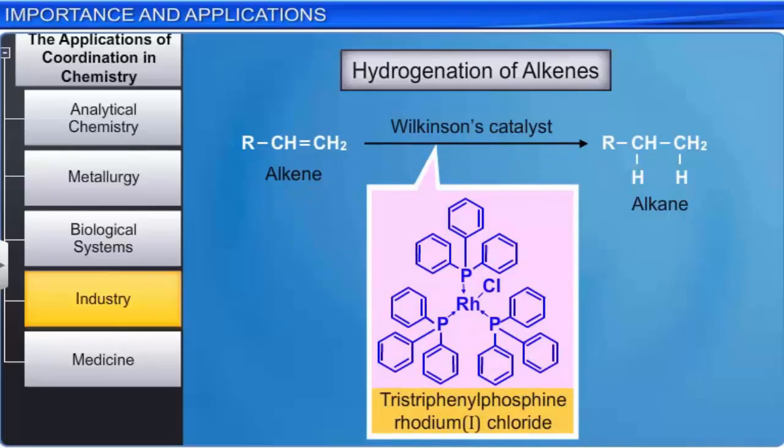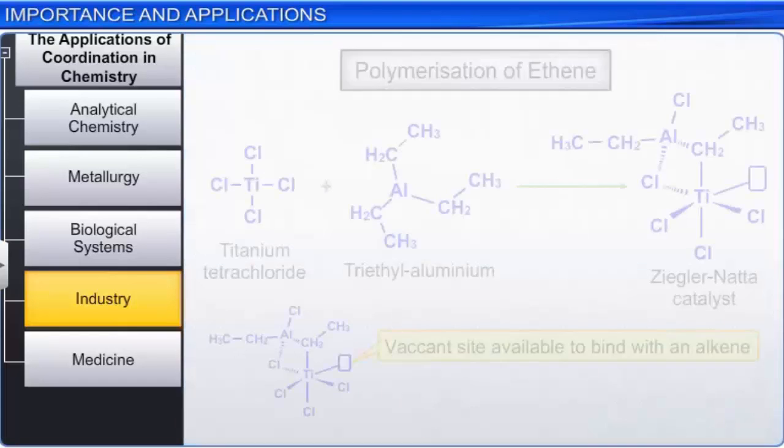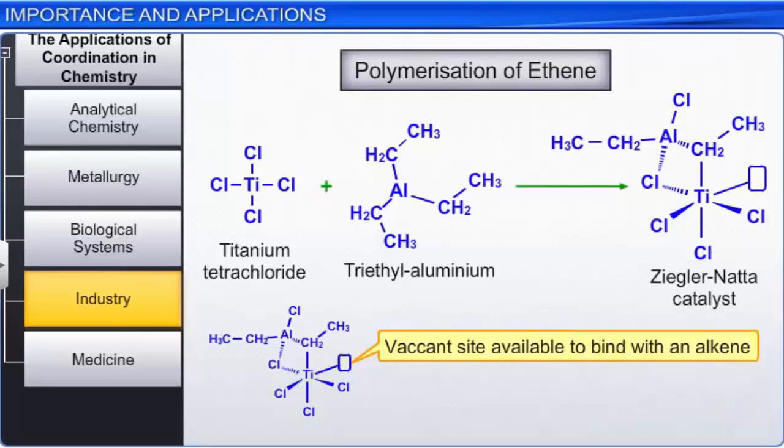Similarly, another complex metal catalyst, known as Ziegler-Natta catalyst, which is a combination of titanium tetrachloride and triethylaluminium, is used in the polymerization of ethene.